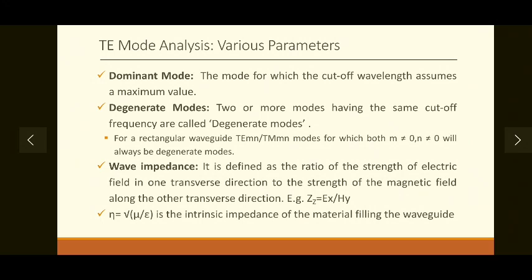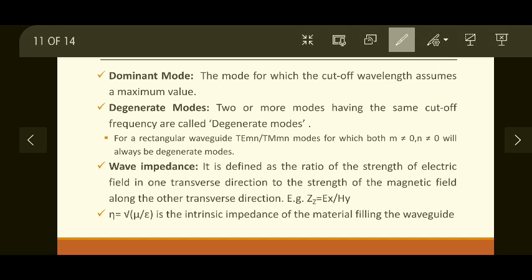Dominant modes are those modes for which the cutoff wavelength assumes a maximum value. Now cutoff wavelength assuming a maximum value means a minimum value for the cutoff frequency of the waveguide. So fc should be minimum, and lambda c should be maximum.